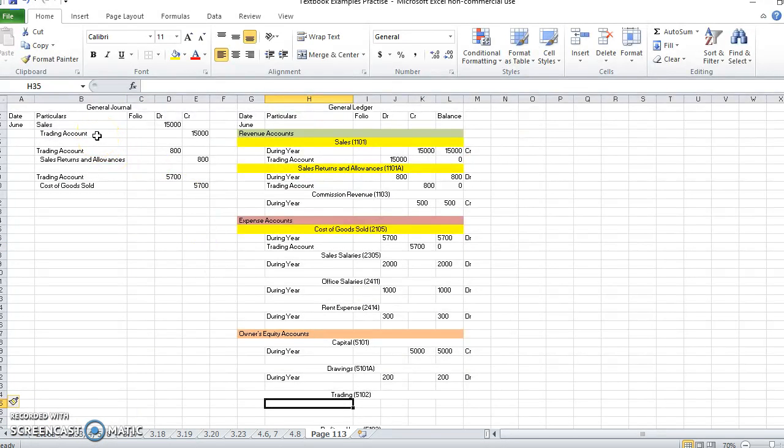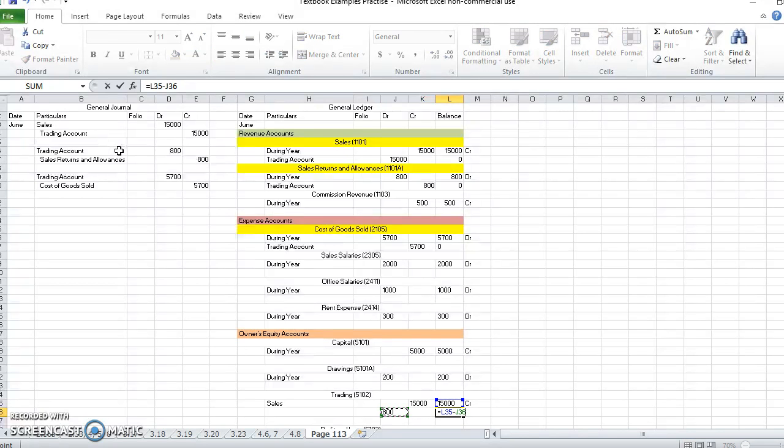And we make the posted ledger for the trading account. So the trading account was credited for 15,000, which equals that credit balance, and that was for sales, as we can see. Then the trading account was debited for 800. The credit balance minus the debit balance gives us our further credit balance, and that was against sales returns and allowances.